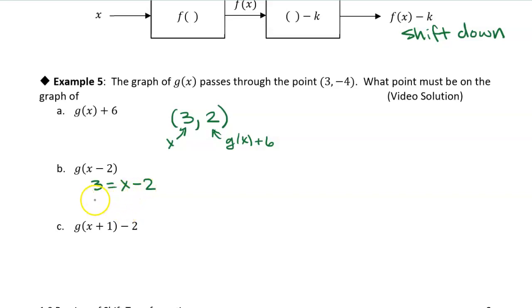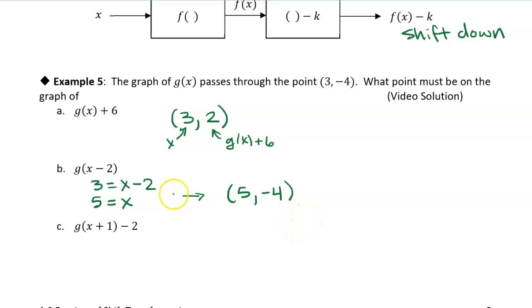We add 2 to both sides, so x is equal to 5. If we give the function an input of 5, then x minus 2 is 3, and we know g of 3 is negative 4. So the point (5, -4) is on the graph of g of the quantity x minus 2.